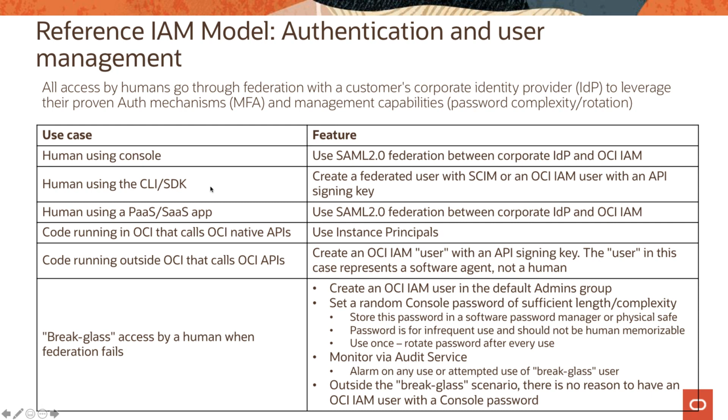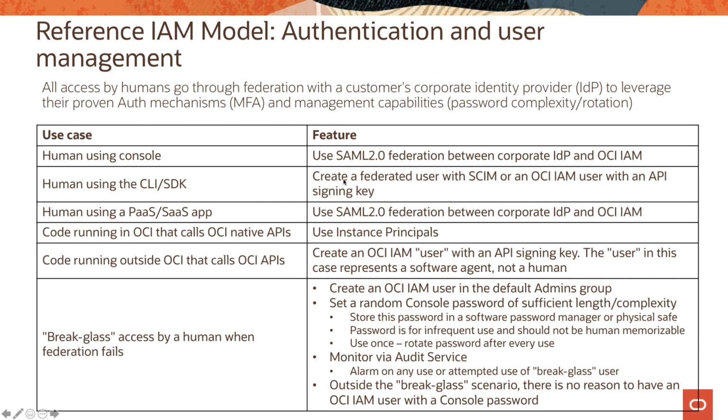If there is a human using the OCI console, use the federation methods, any of the methods that we looked at: using Microsoft Active Directory, using Active Directory Federation Services, using Azure AD, using Oracle Identity Cloud Service, using Okta, or any SAML 2.0 compliant identity provider.